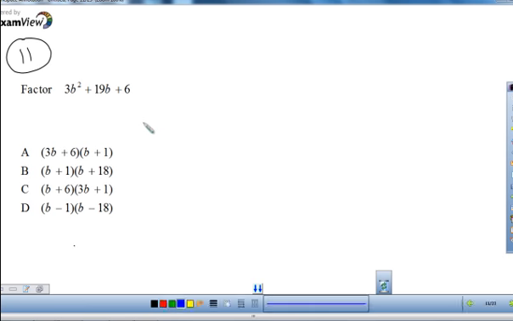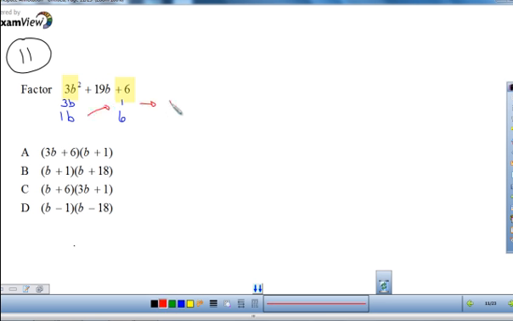Okay, it tells us to factor. So we're going to look at our first and last term. You need two numbers multiplied together that give you 3b squared, so that would be 3b and 1b. You need two numbers multiplied together that give you 6, so we're going to use 1 and 6.